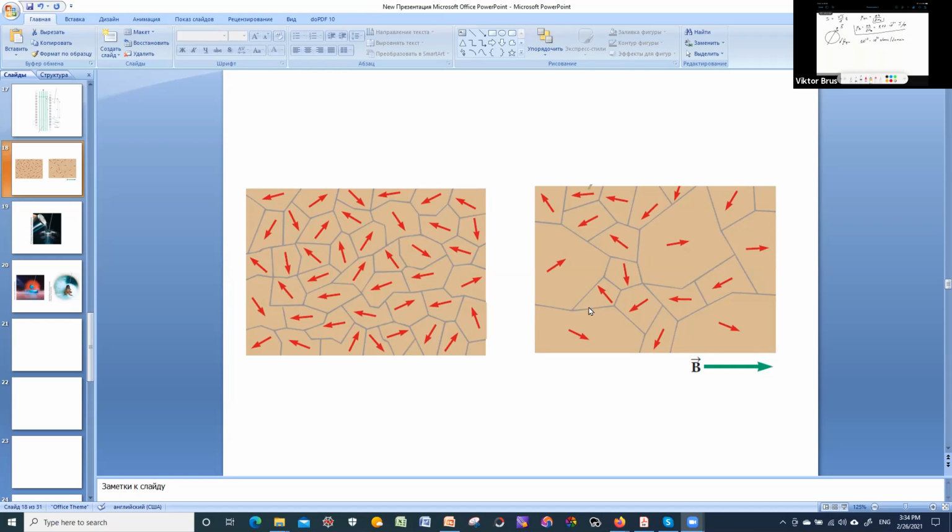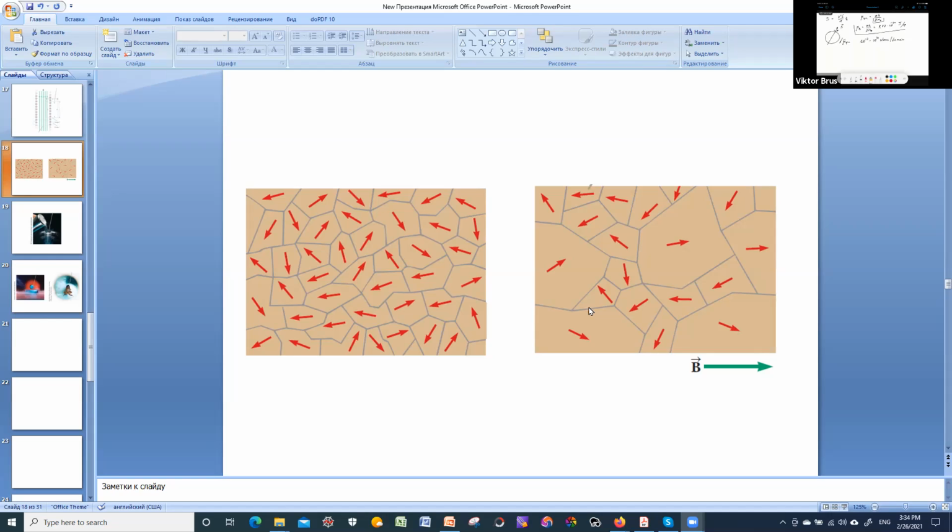And this is the effect of ferromagnetism, when we can amplify, considerably increase the strength of magnetic field inside the material because of the coupling between magnetic moments of separate atoms and this ferromagnetic domain structure.